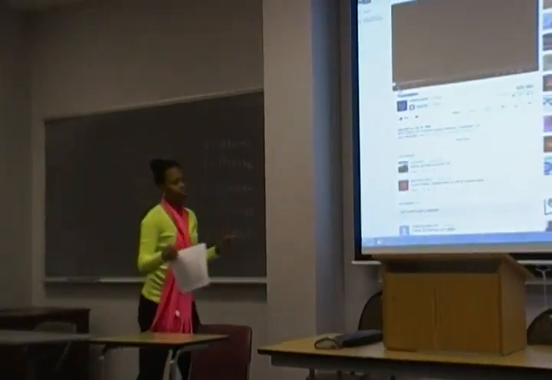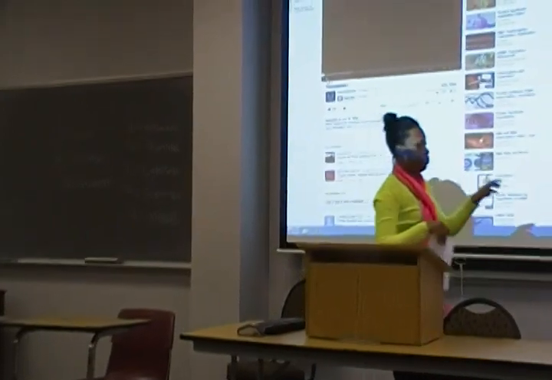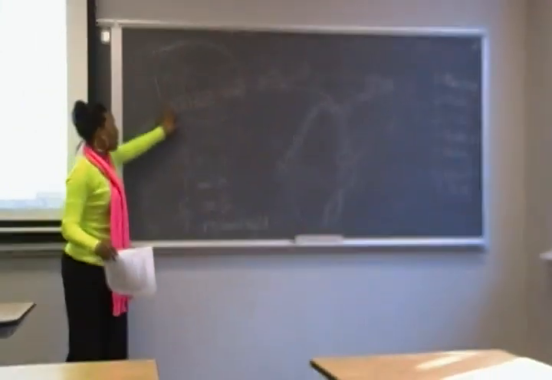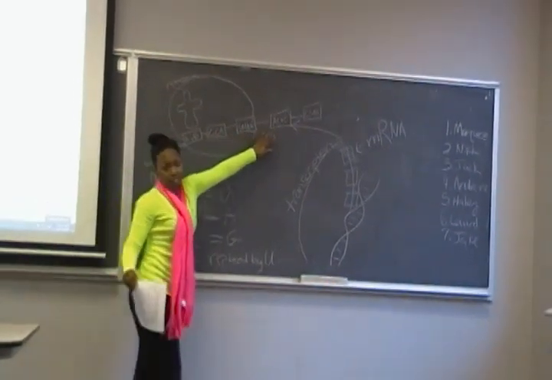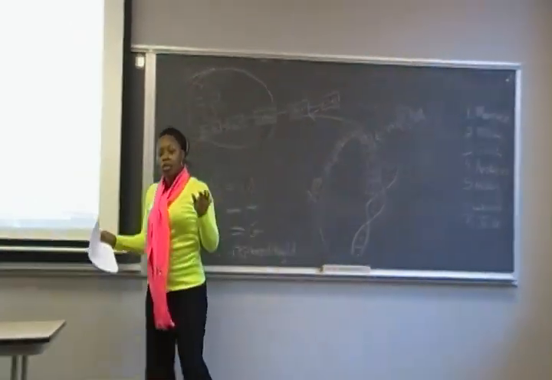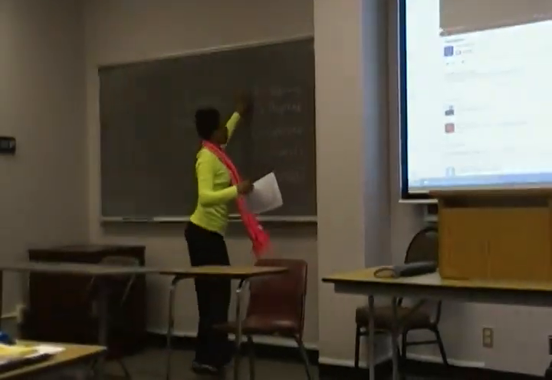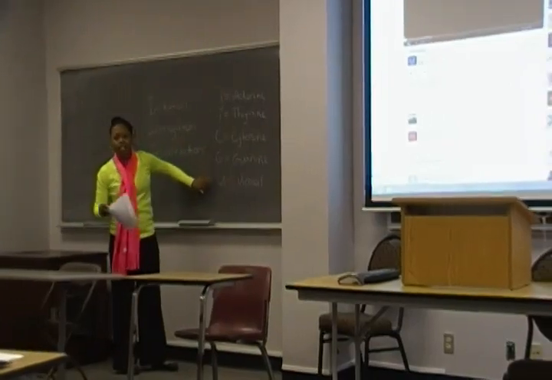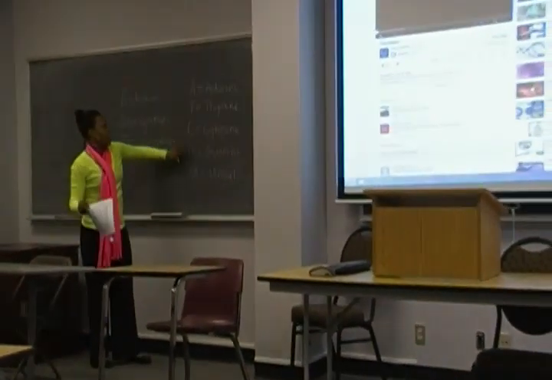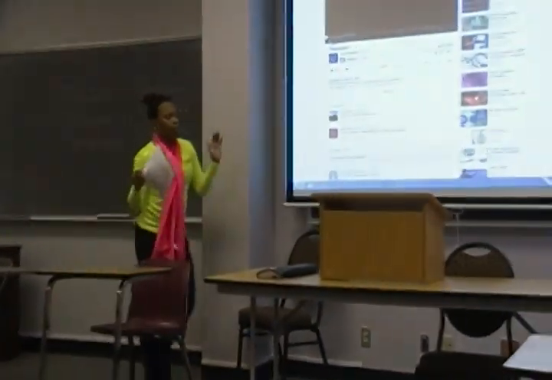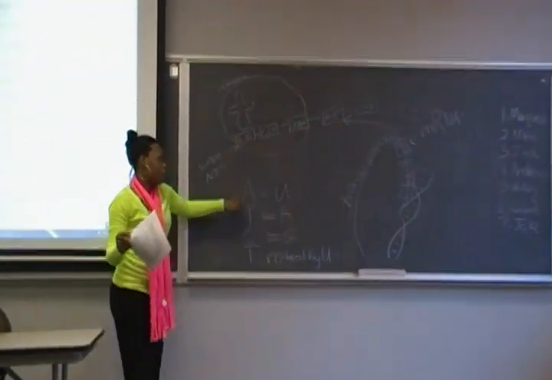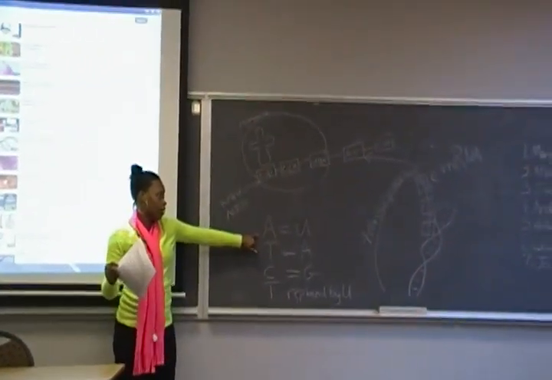All right, to break this down just a little bit more before I actually explain it, these boxes here are amino acids. Those contain adenine, thymine, cytosine, guanine, and sometimes uracil. They bond to specific bases.